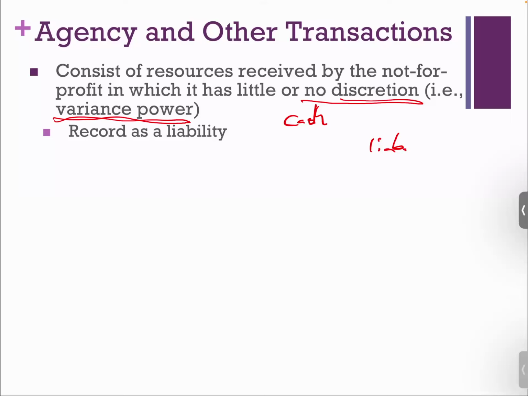The variance power means that we have control over how the money is spent. If we don't have variance power, then we have to record it as a liability. So that's the logic behind agency transactions.